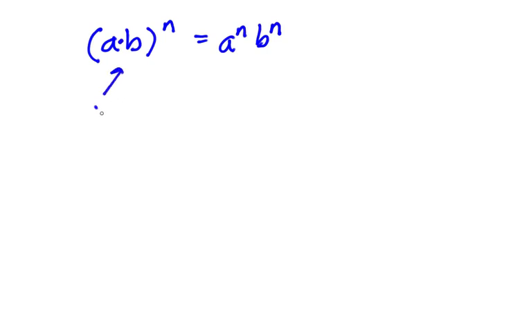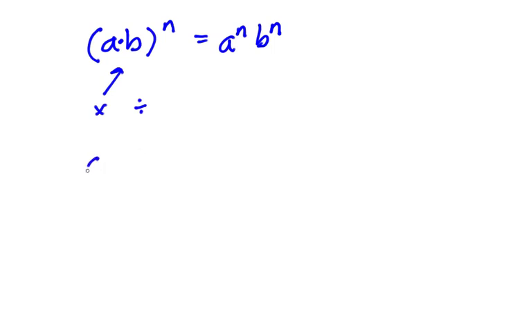Alright, so now let's take a look at this. We saw if we have a times b to the power of n, that becomes a power n, b power n. And it's very important that this is multiplying; inside here it can be multiplying or dividing, as we saw with the fraction, for this rule to work.